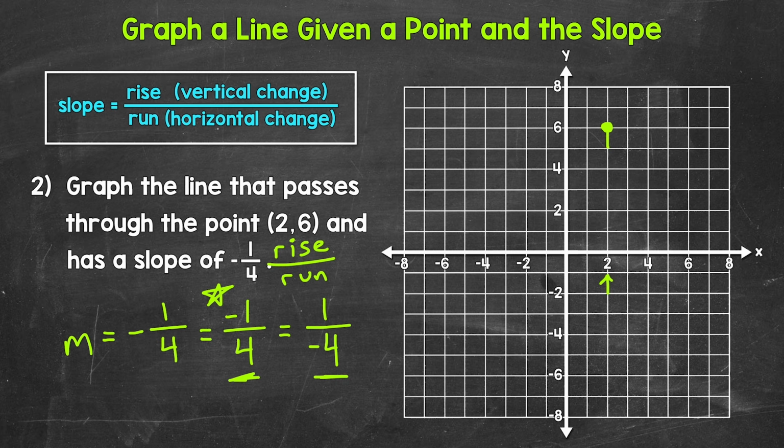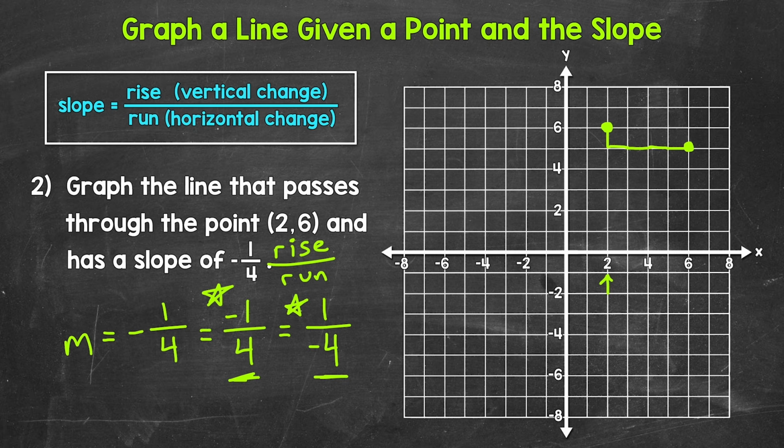That means we need to go right 4 units. So 1, 2, 3, 4, and we plot our second point. Now at this point, we can draw a line through those 2 points, and we have our line graphed, and we would be correct.